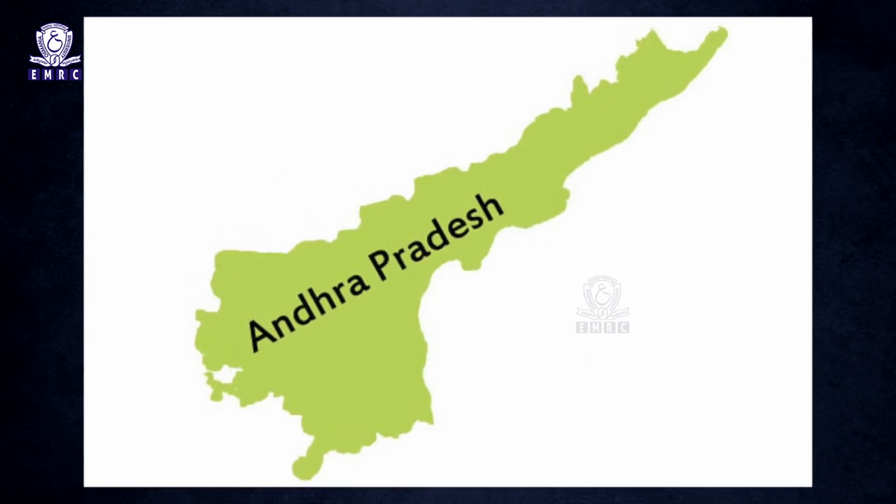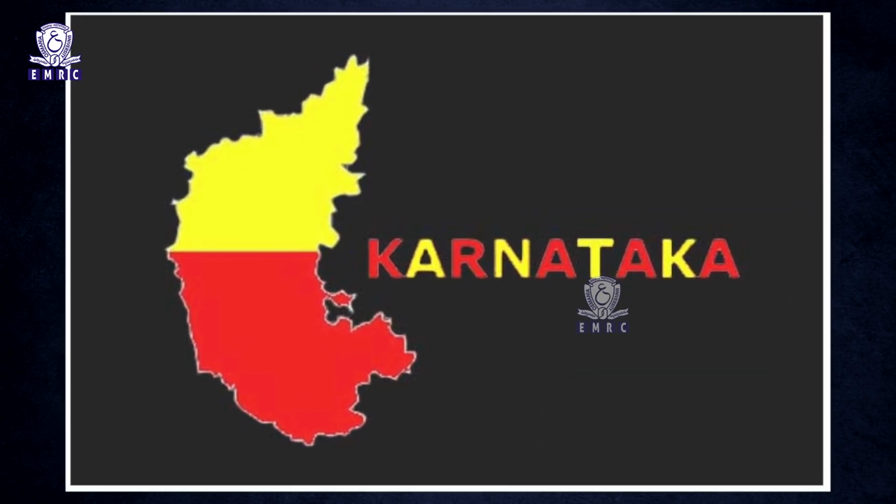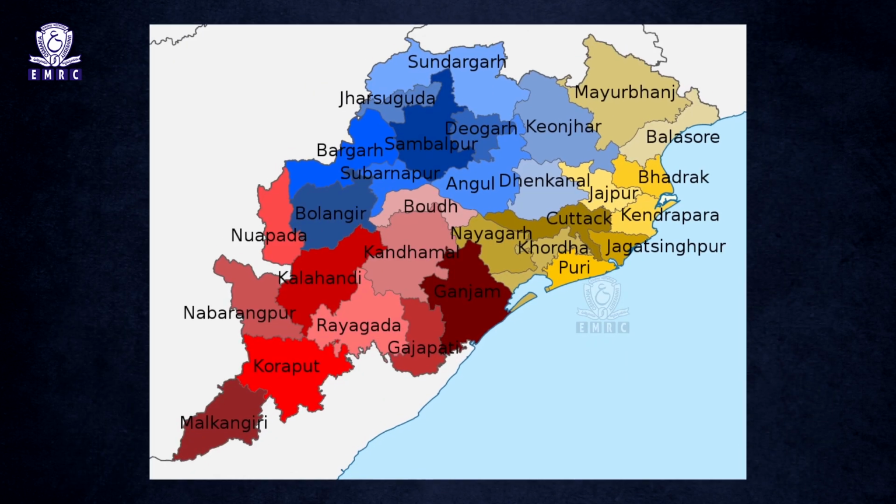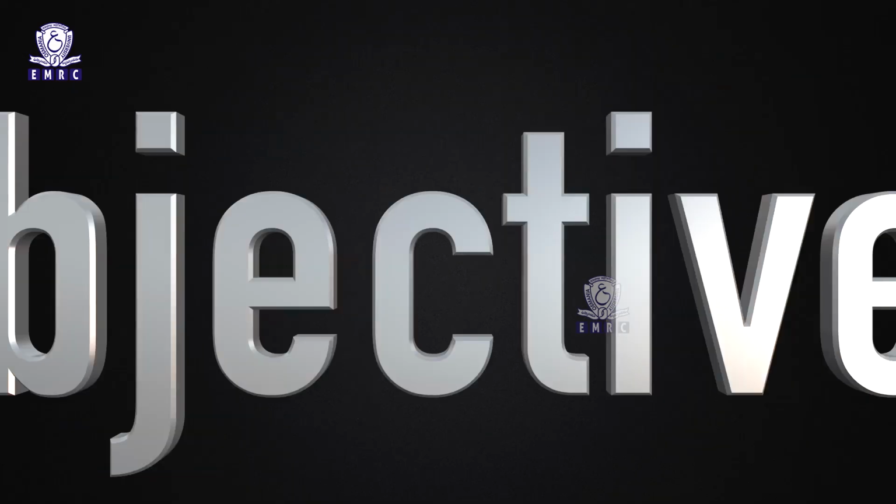Child labor is inextricably linked to bonded labor. Child bonded laborers are found in large numbers in the states of Andhra Pradesh, Karnataka, Tamil Nadu, Odisha and Assam.